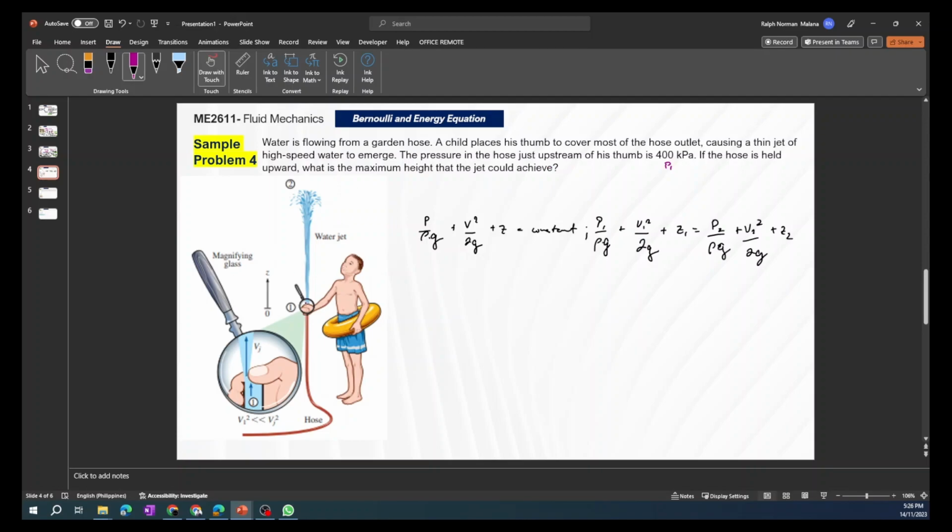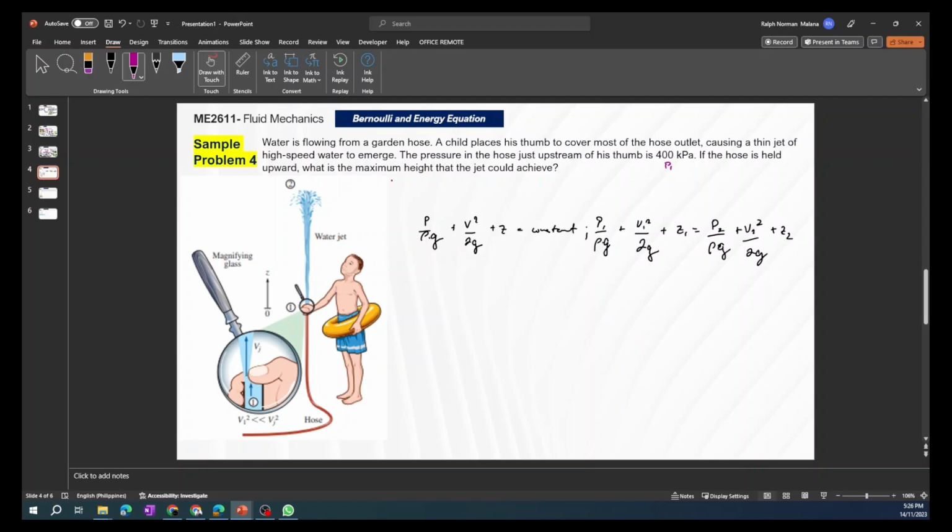Interesting. So we have point 1 and point 2 at the maximum height. We're being asked for the height, with just below the thumb as our reference point, z equals 0, so that we know our distance there. So it's important to establish our reference point first. Okay, there's a little bit of kinematics here, and we have several clues.